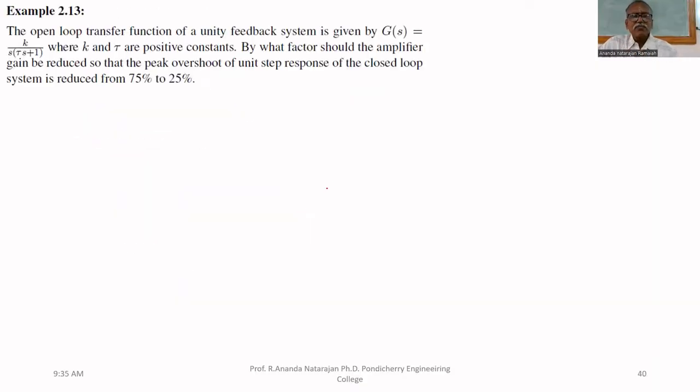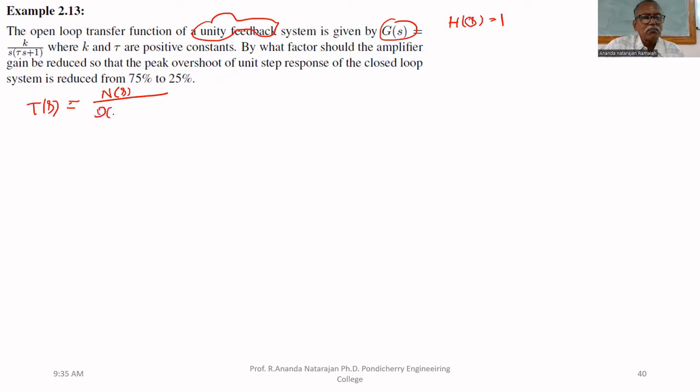The open loop transfer function of a unity feedback system is given. Therefore, H of s equal to 1, a negative feedback system. Therefore, the closed loop transfer function T of s, for a unity feedback system, is given by the formula: numerator divided by the sum of numerator and denominator.